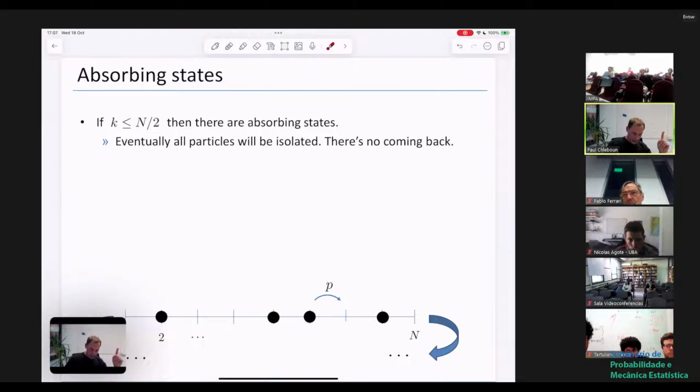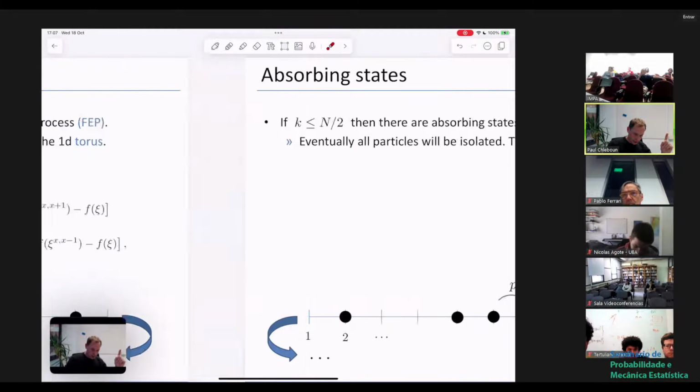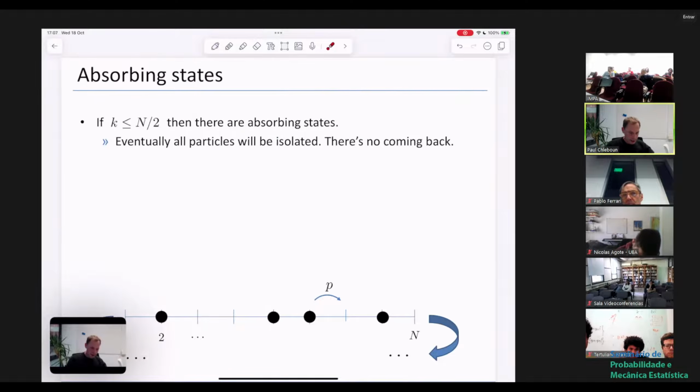Okay, if the total number of particles is less than or equal to n over 2, then the system will eventually reach some absorbing state, right? So eventually all the particles will spread out so that they're all isolated. And in this case, you're stuck in an absorbing state.